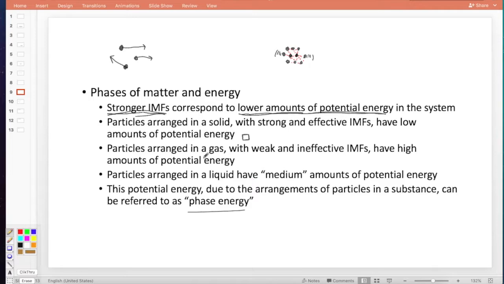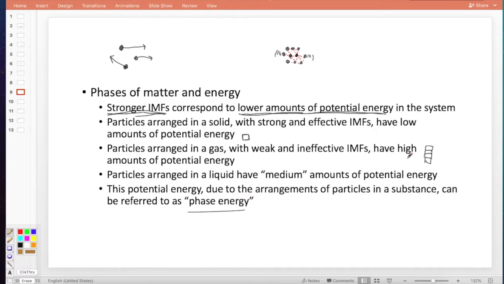Particles arranged on the other end of the spectrum as a gas, where there are pretty much no intermolecular forces, weak and ineffective intermolecular forces. What kind of potential energy, what kind of phase energy do you think we're going to model them as having? Very high amounts, so 4 bars of phase energy.